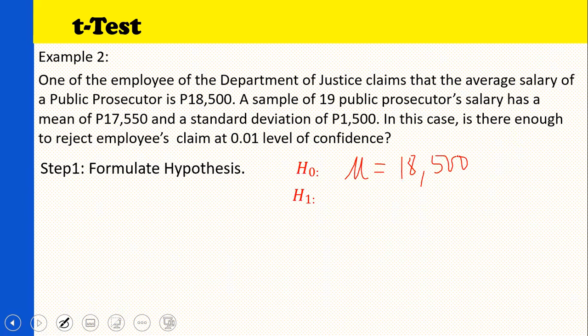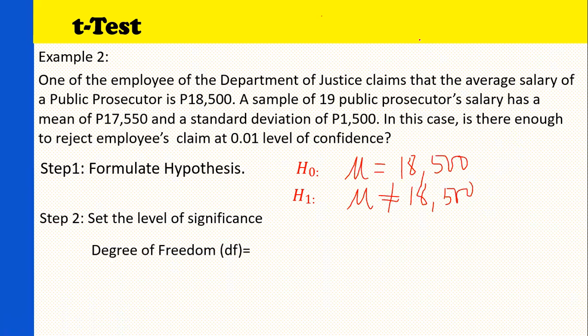How about our alternative hypothesis? For our alternative hypothesis, we have the average salary of a public prosecutor is not equal to 18,500. So let's move forward to the second step.